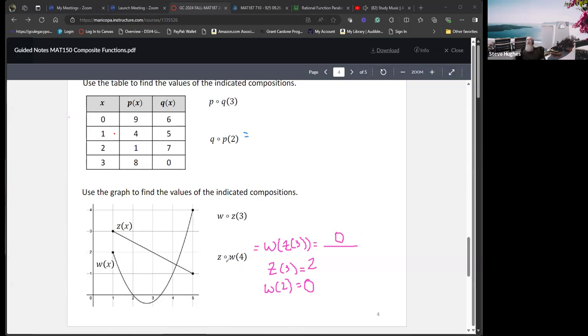This time we want to find Z of W of 4. Z of W of 4 equals what? All right, step 1 is, what is W of 4? Looking at my graph, what is W of 4?